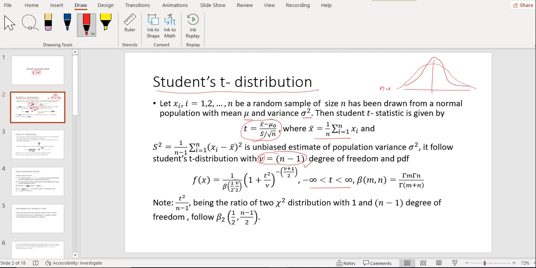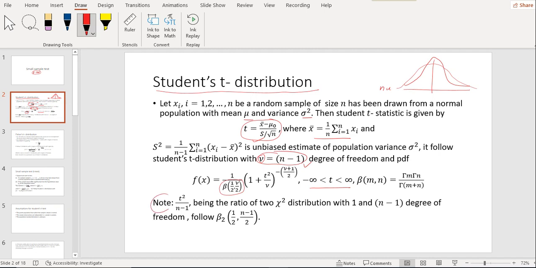Here the notation beta of 1 by 2, nu by 2 comes from the beta function, which has a relation with the gamma function: beta of m, n is gamma m into gamma n upon gamma of m plus n.